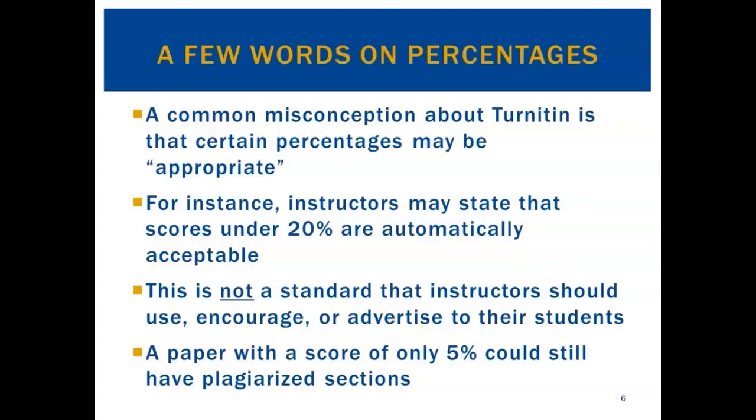So you really have to know how to look at a report and read it. And Holly's right. You could have a paper that has 15% plagiarism, but there is actual plagiarism in it, and you could have a paper that has 25% plagiarism that's over the threshold, but actually isn't really plagiarized.